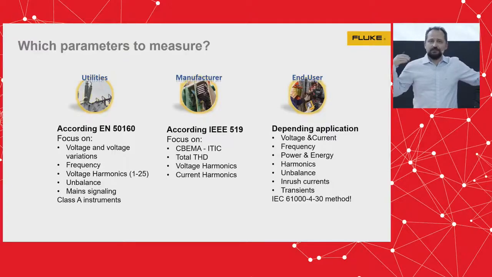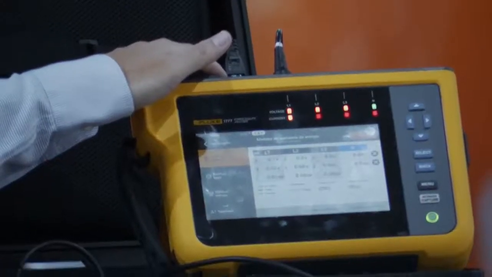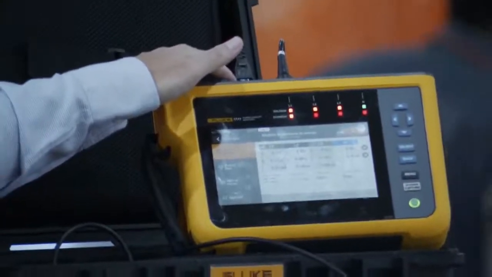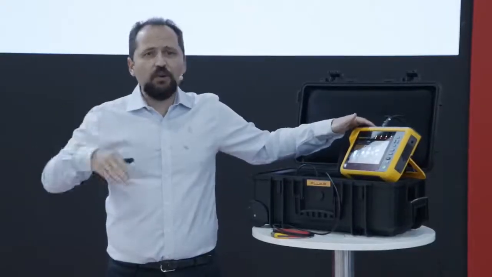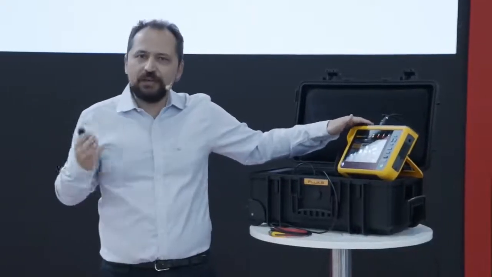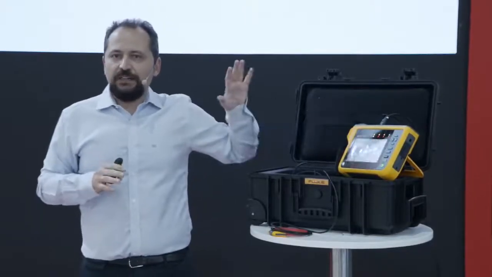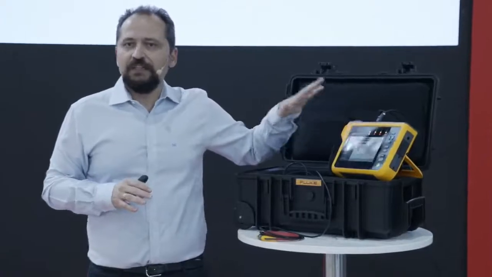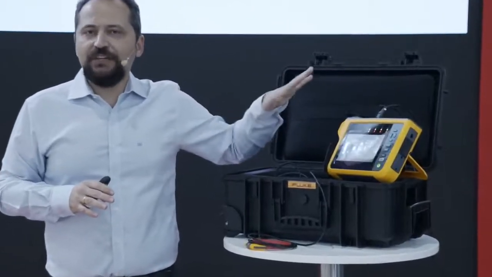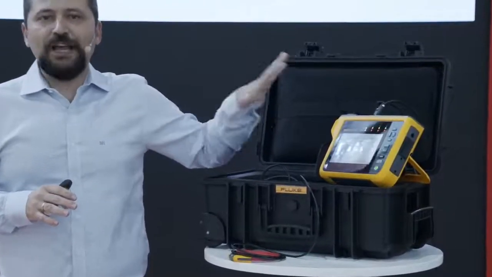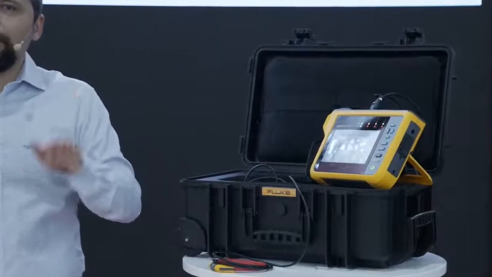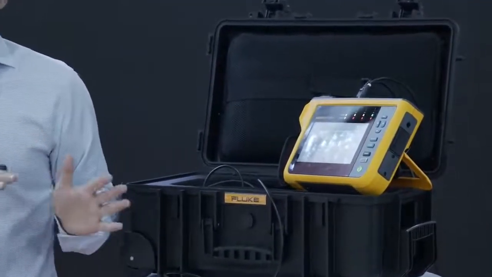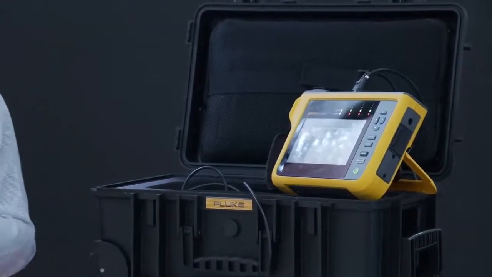You are providing me with an incorrect voltage signal. It's not a sine wave. You are providing me with lower voltages or harmonics or whatever I can detect. They will ask me, okay, how did you take those measurements? Did you use this given standard? So we need to comply with those standards to make sure that we compare measures against those standards and that those are valid.